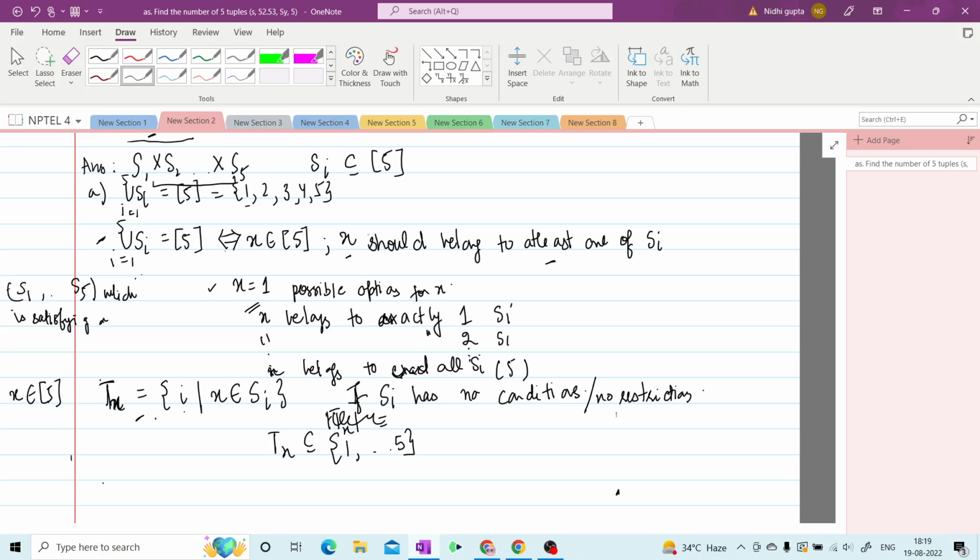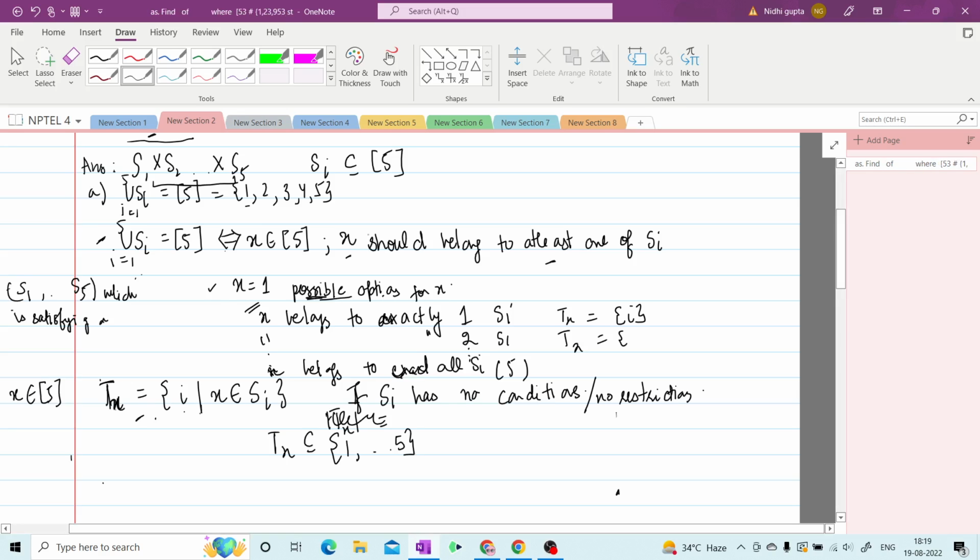If x was belonging to exactly one Si, then my Tx was that i, and if x was belonging to exactly two Si's, then my Tx was those two indices i, j where x was belonging to. And now our condition is that the union of all these Si's, S1, S2 to S5, should be 5. Therefore, we know that this x should belong to at least one of the Si.